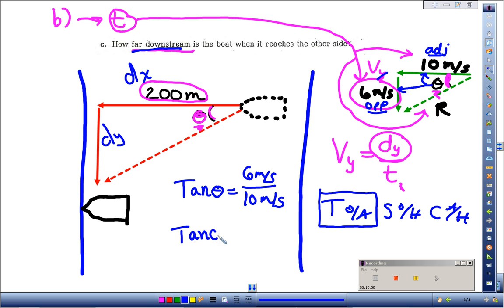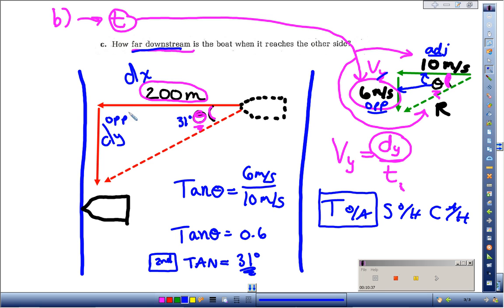So if the tangent of the angle is equal to 0.6, then if you go to your calculator and there's a button that says second function, and then hit the tangent button, you will find that the angle is just about 31 degrees. So you now know that this angle is 31 degrees, and you know the adjacent side. Now if you're looking for the opposite side, you know the adjacent and the angle, and you're looking for opposite.